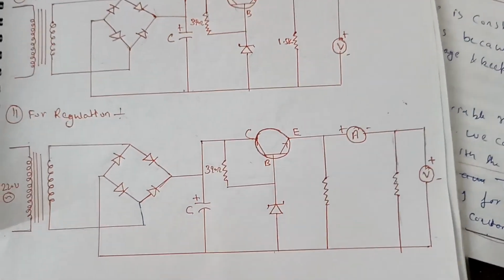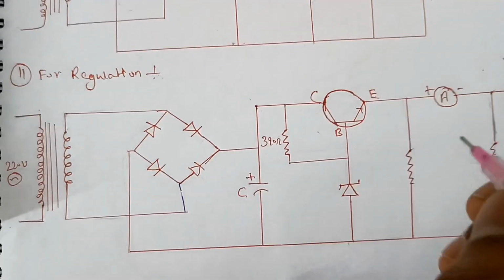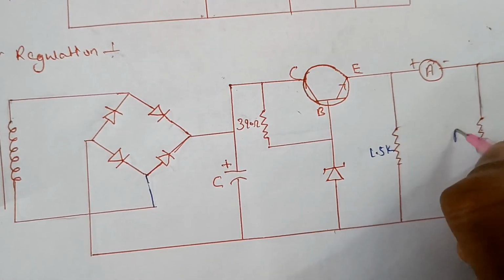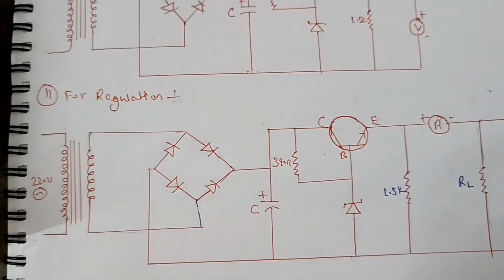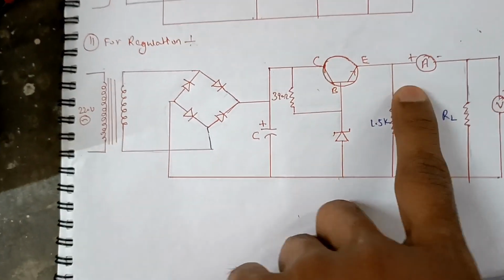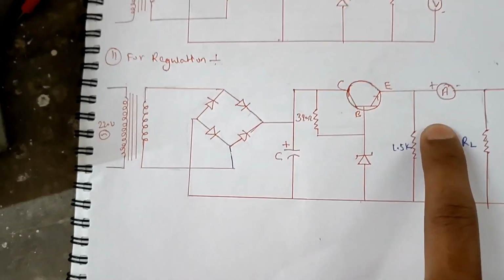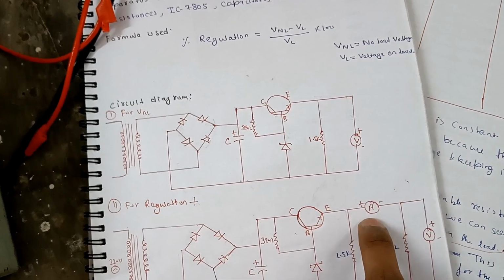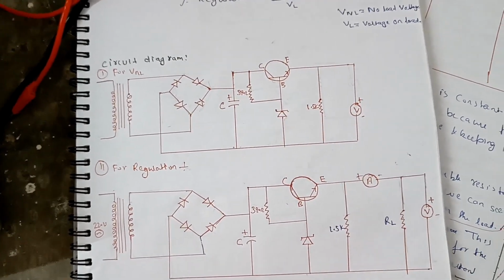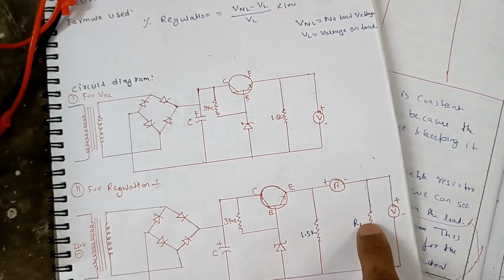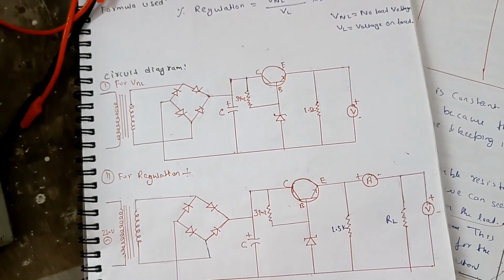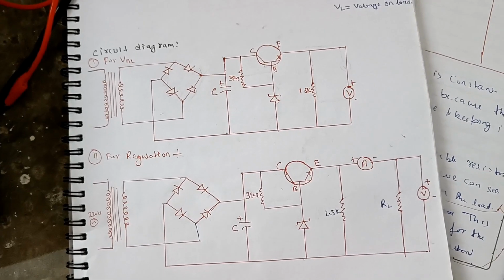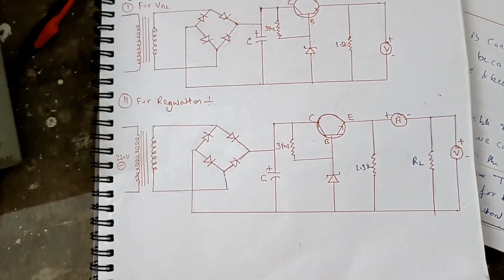This is a 1.5k ohm resistance. This is RL. And we use the ammeter and voltmeter, ammeter for the current and voltmeter for voltage. We measure the current from the ammeter and we measure the volt from the voltmeter. And this is RL. We can change the RL to 100 ohm, 150 ohm, 220, 270, 1K, 1.5K and 5K.